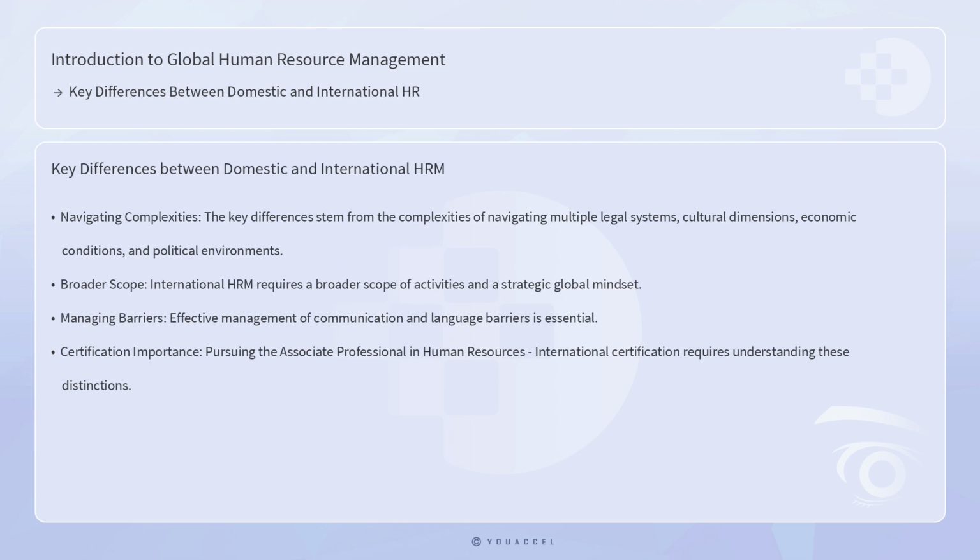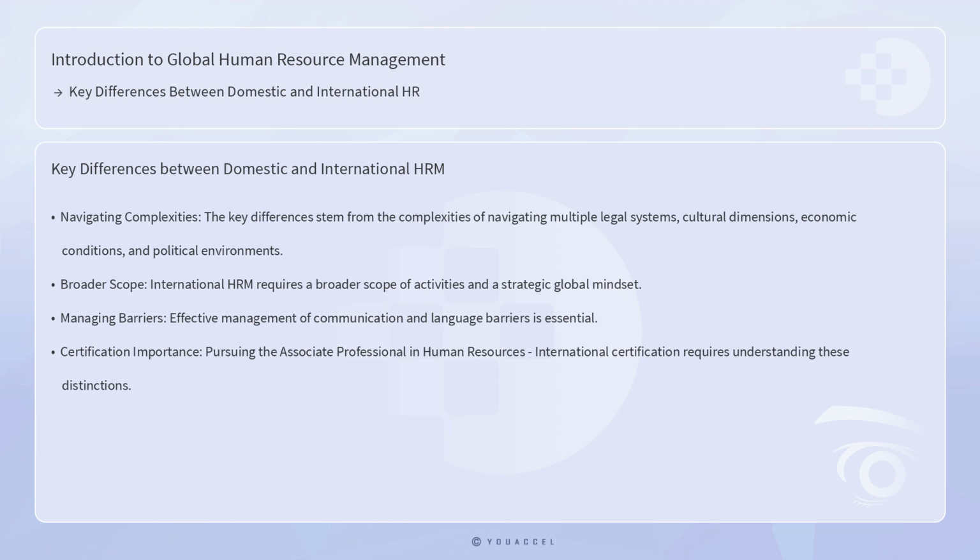In summary, the key differences between domestic and international HRM stem from the complexities of navigating multiple legal systems, cultural dimensions, economic conditions, and political environments. International HRM requires a broader scope of activities, a strategic global mindset, and the ability to manage communication and language barriers effectively.